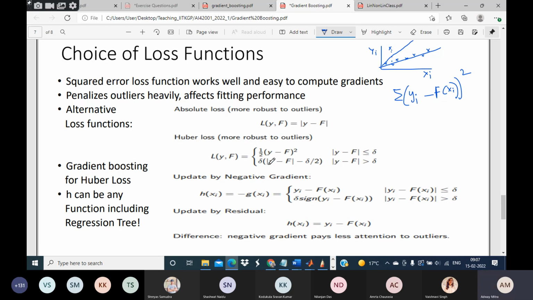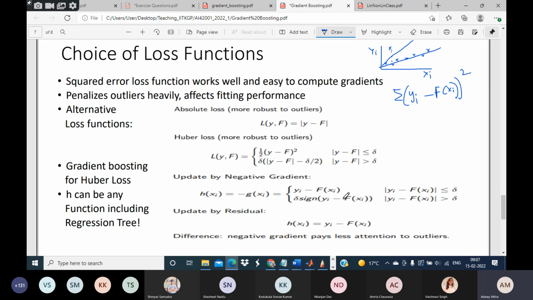There are in general many other kinds of loss functions also. In each of the cases, you can update the gradient by taking the derivative of the loss function with respect to f, the current function, and you can just verify that these derivatives hold.